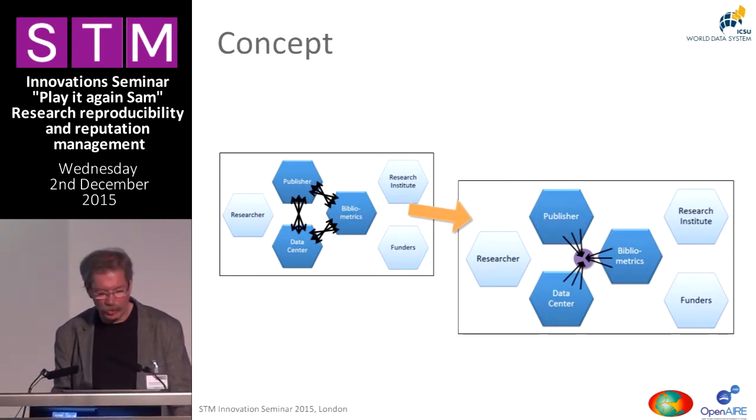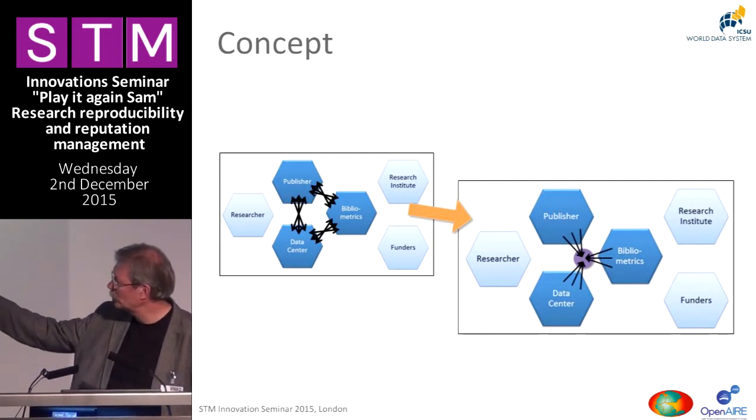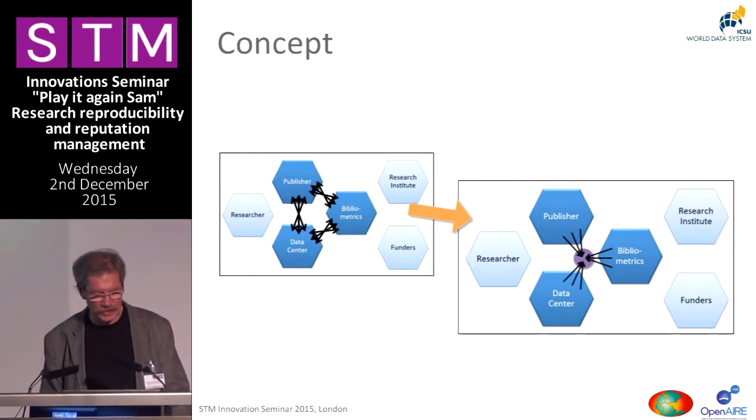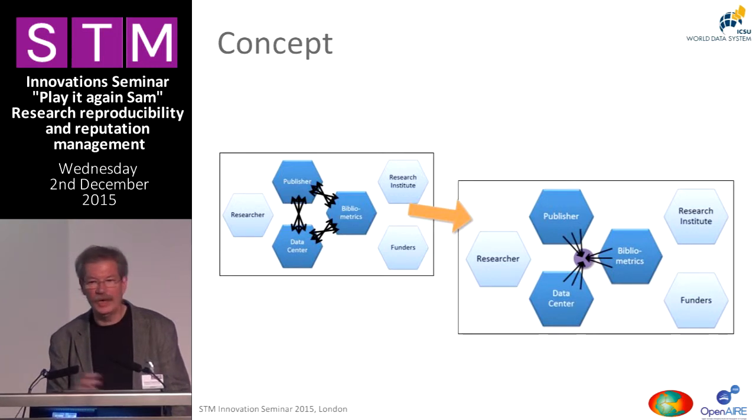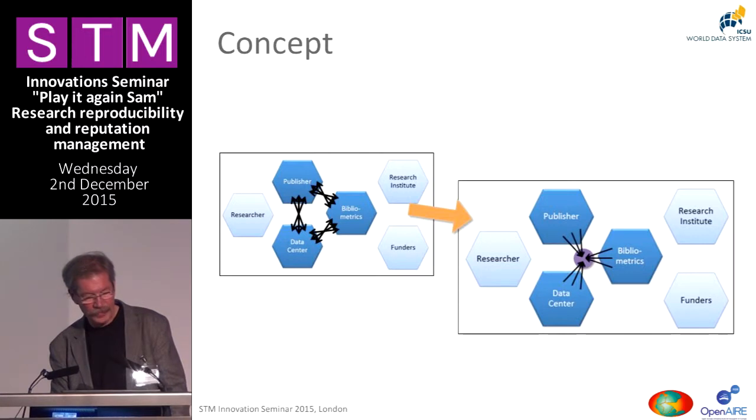So a one-for-all service, like in the right picture, is something that we are going for, linking all the different types: publishers, data centers, and also added value services like bibliometric services.